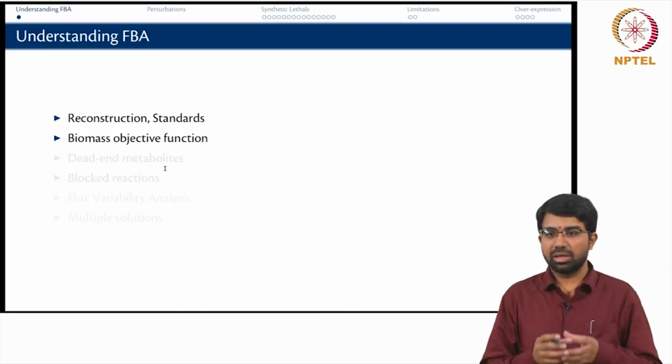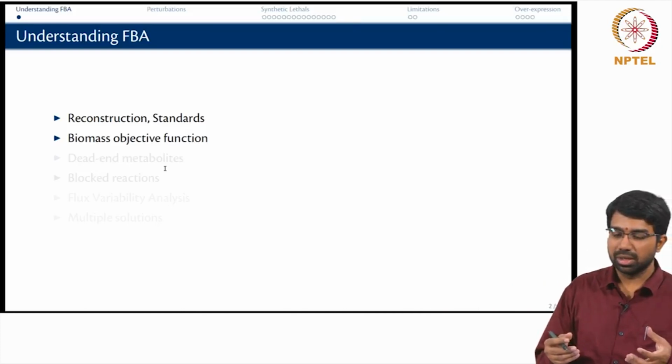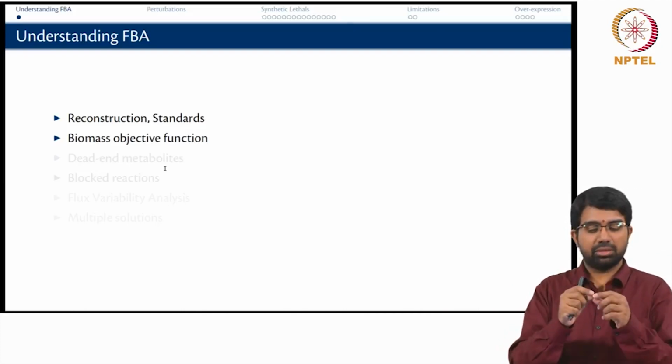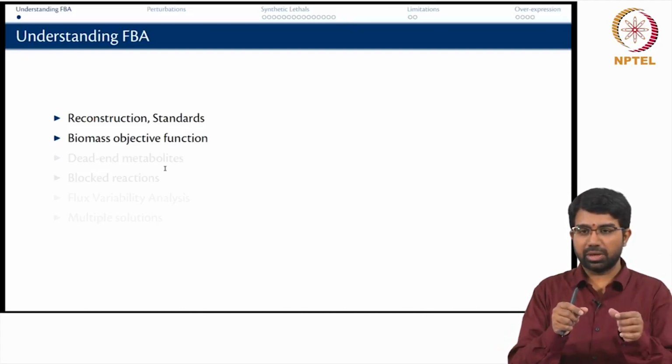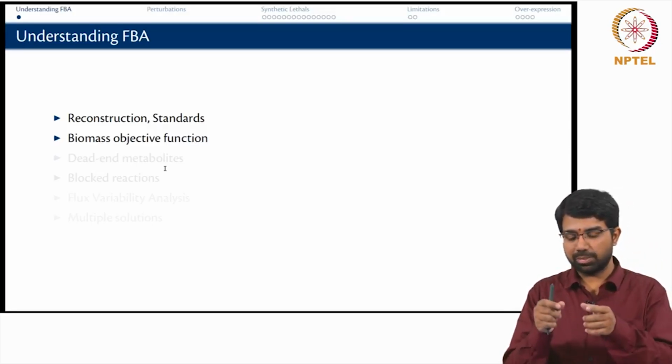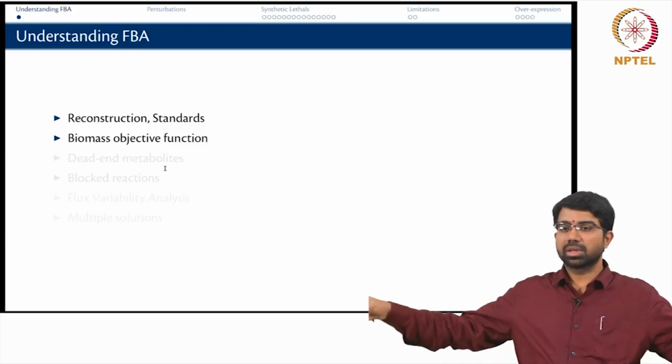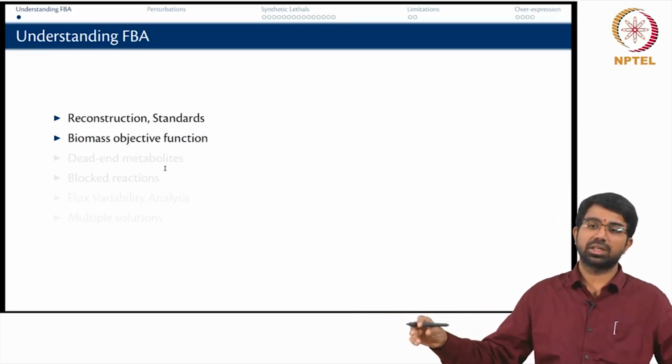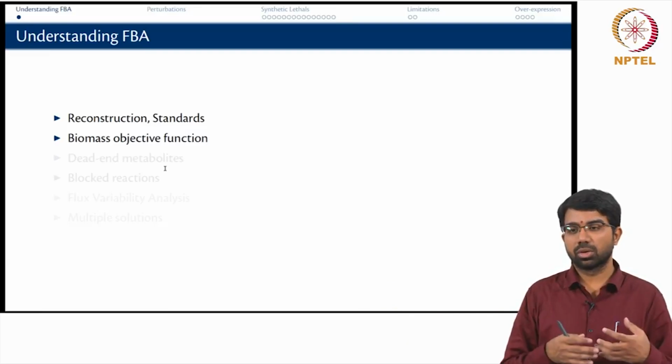So, we did see a longish reaction in an earlier class where we saw that we have x moles of ATP plus y moles of erythrose 4 phosphate plus something plus something plus something giving something else. So, it is a fictitious reaction that is set up to basically capture growth.